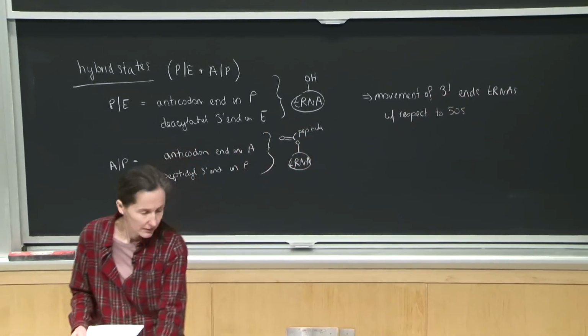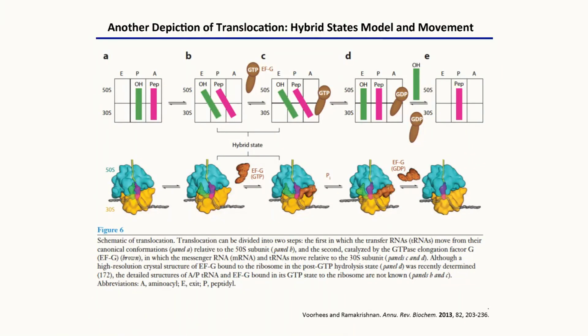And that's shown in cartoon form on the slides here. Okay, so effectively, if we take a look, we have accommodation, so the aminoacyl tRNA. We see there's formation of a peptide bond, so there's some color coding here. And then look, rather than having these tRNAs straight up and down, we see that the 3' ends have shifted.